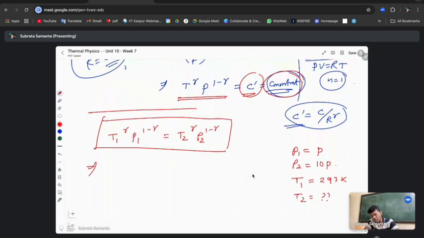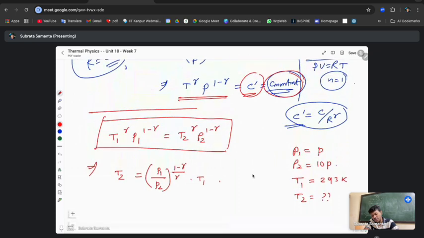So therefore T2 equals P1 over P2 to the power 1 minus gamma over gamma, times T1.